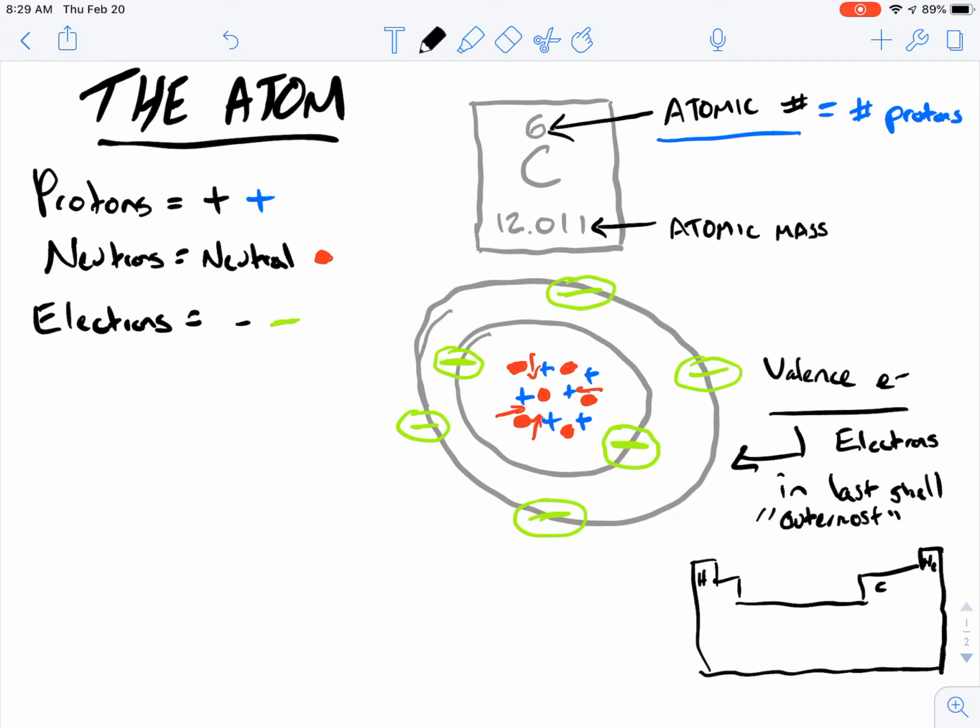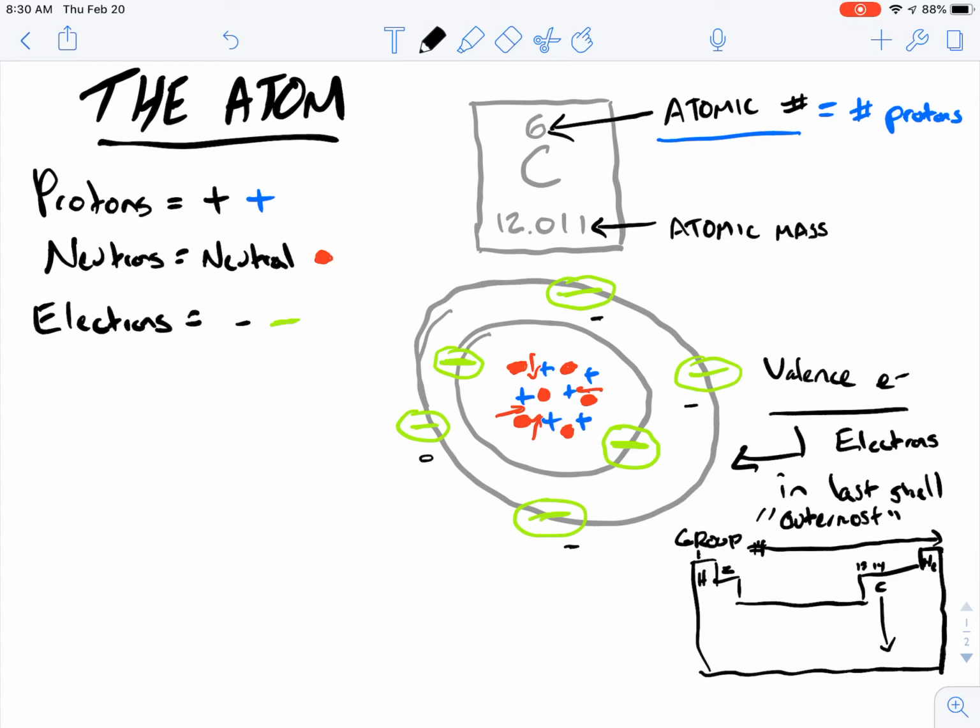And the periodic table has group numbers. Going along this way, helium is 18, this is 2, and then we jump over to 13 on this side. And carbon is in the 14th group. So carbon and every other element in the 14th group has 4 valence electrons. Hence why we drew 4 out here.